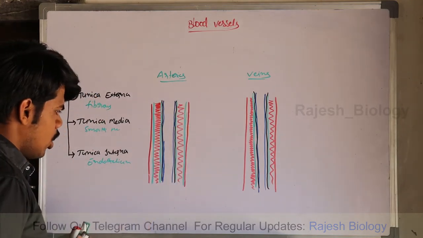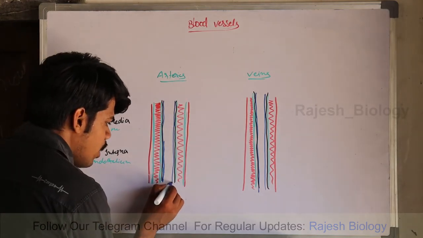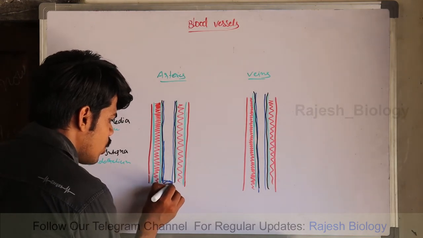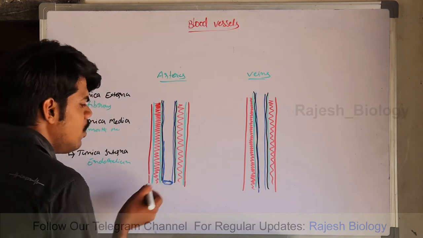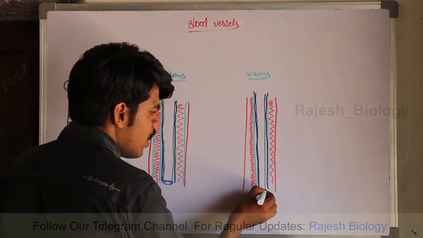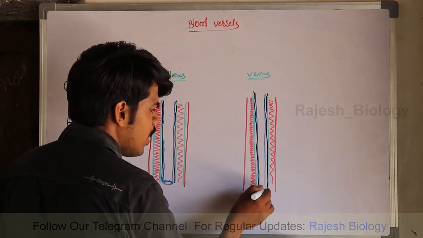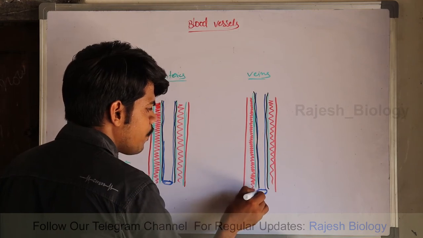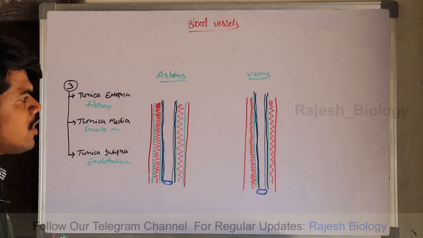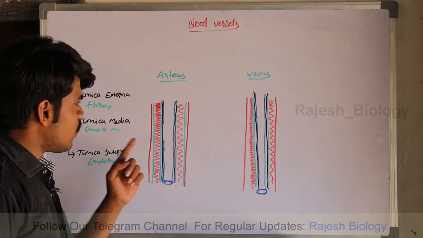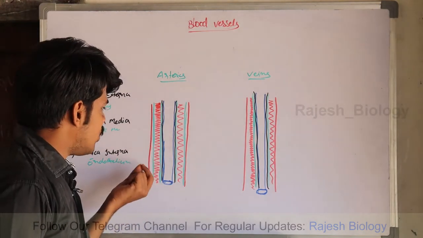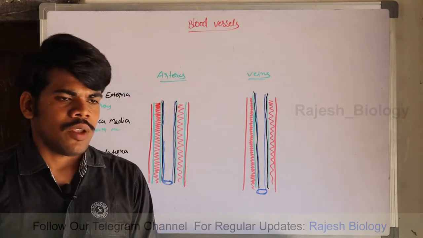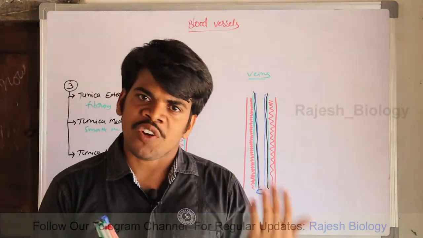So automatically the diameter of arteries is narrow because of the more musculature, and the diameter of veins is wide because of the thin wall. So you can differentiate the arteries and veins with the help of the wall structure. Okay, you can differentiate arteries and veins.